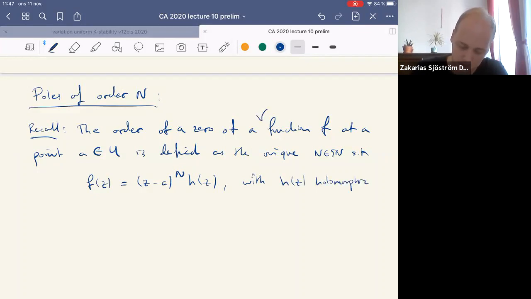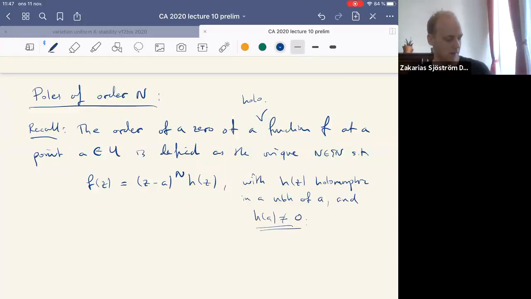So of course here I mean a holomorphic function, right? So to be clear, this one should be holomorphic in a neighborhood of a, and it's not vanishing at a, okay? So this is an important point. So what does this mean? So now we're talking about the order of a zero, right? Just as a preparation for the poles, because it's going to be a very similar thing.